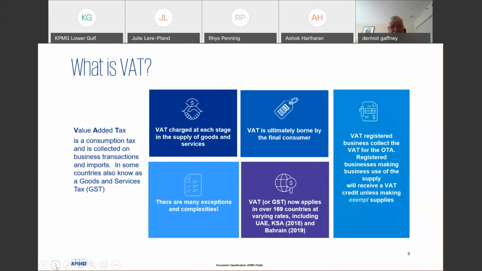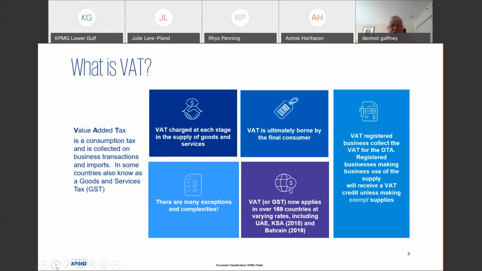So a very quick, what is VAT? It's value-added tax. It's a tax that's ultimately borne by the final consumer, which has particular resonance in the financial services sector because most exempt businesses step into the shoes of the final consumer and actually bear the tax. It's charged at each stage in the supply chain on the value that is added.